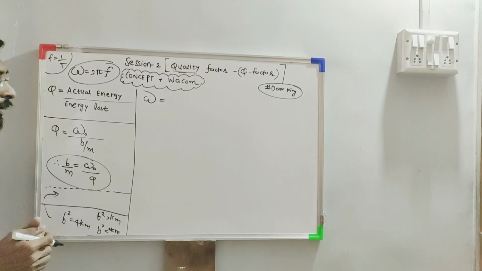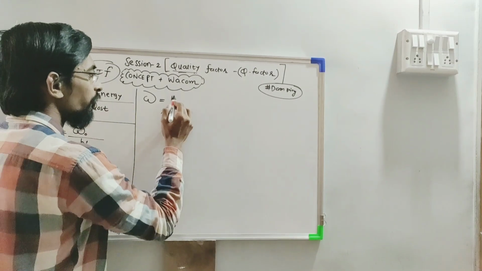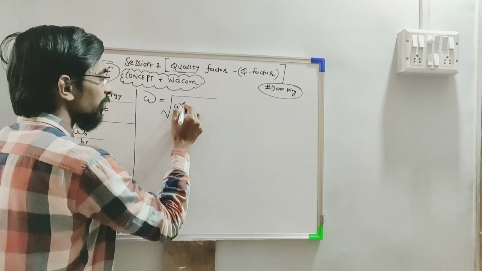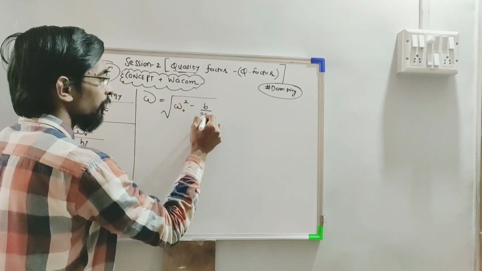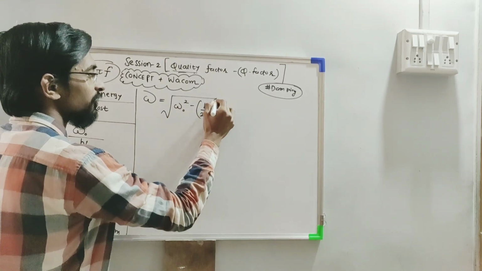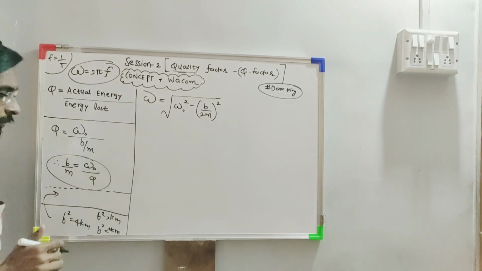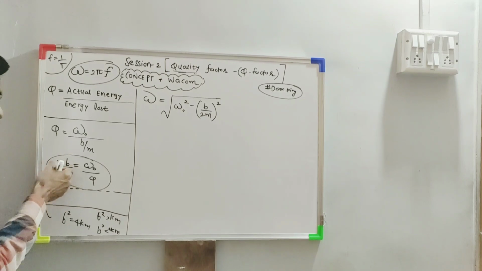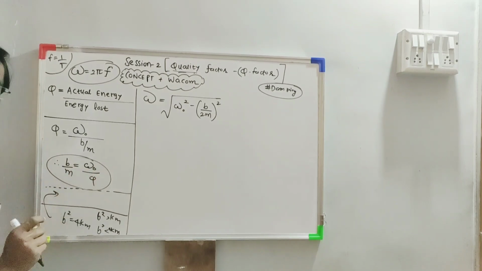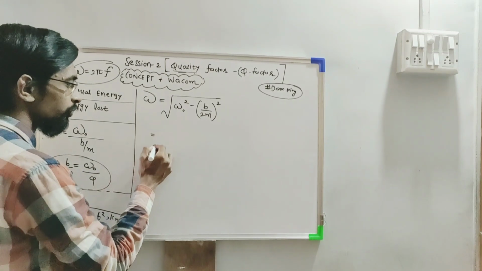All are interconnected. So this is nothing but under root of omega naught square minus B by 2m the whole square, isn't it? This we know. This is the frequency of a damped oscillator. Now we know what B by M is. That's omega naught divided by Q. So let's just substitute. So what will it be?